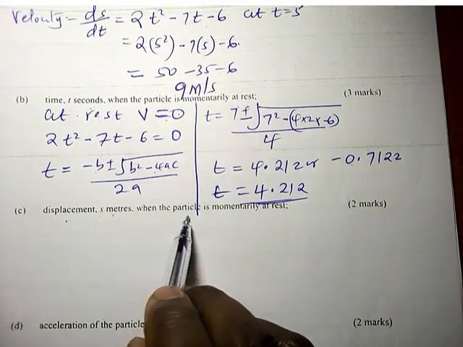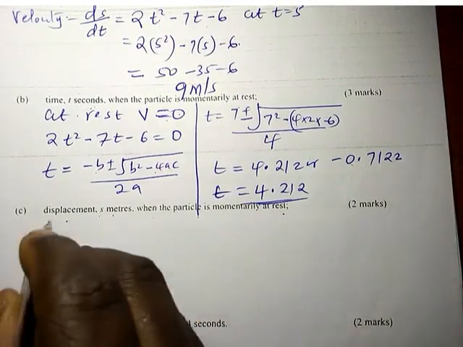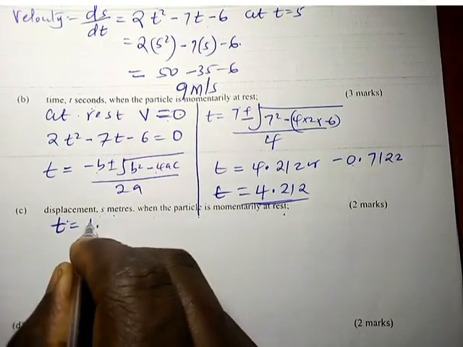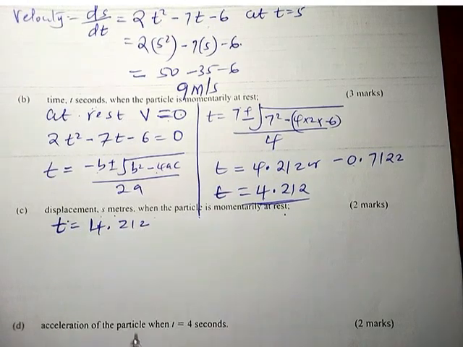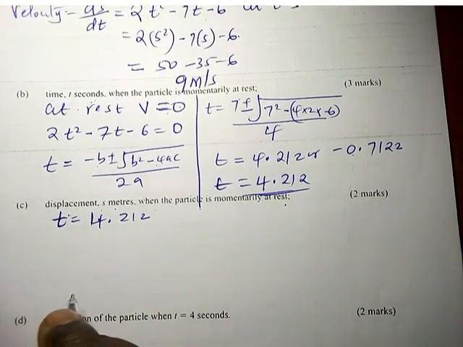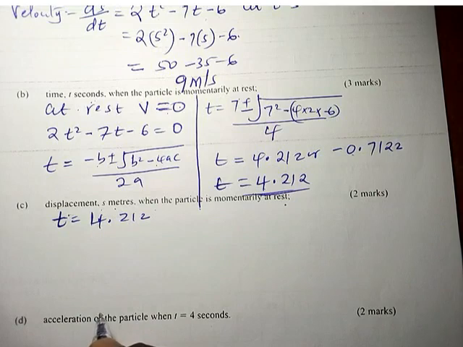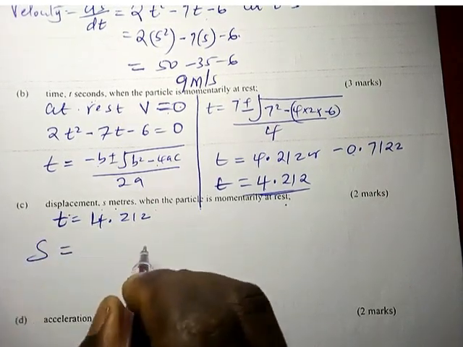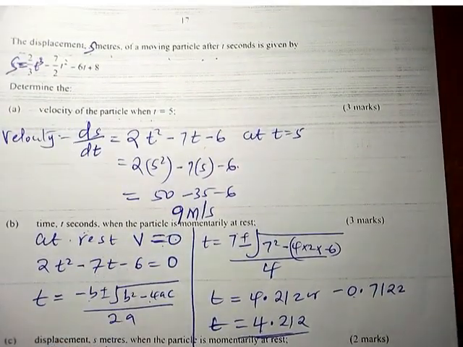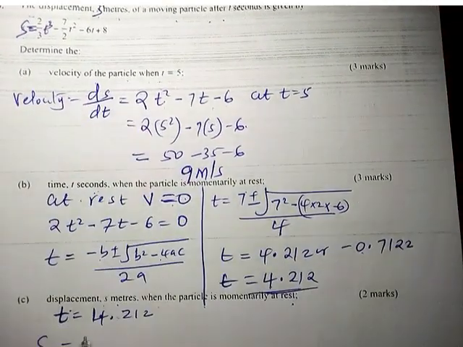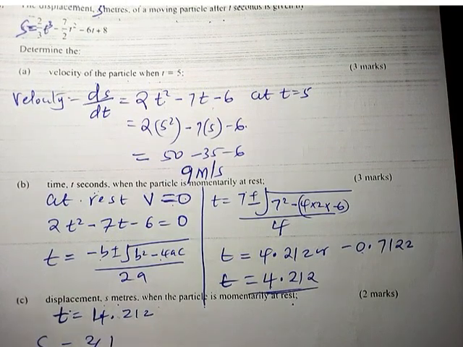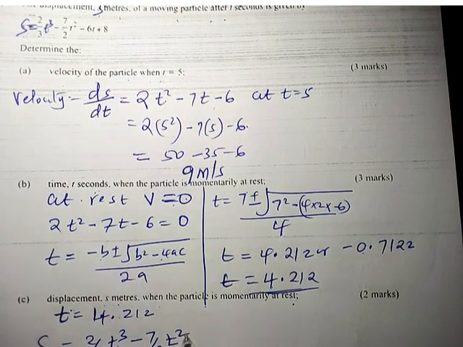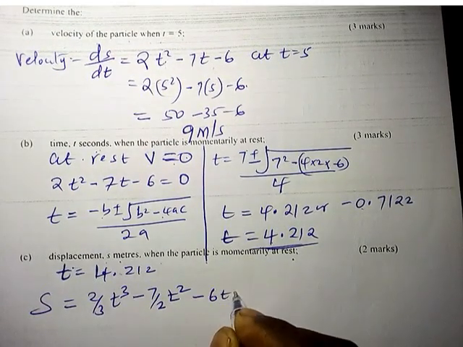Displacement S when the particle is momentarily at rest. Now we have the time when the particle is at rest, it is 4.212. Therefore S will be, now you substitute this time in this equation. S equals 2 over 3 t cube minus 7 over 2 t square minus 6t plus 8.